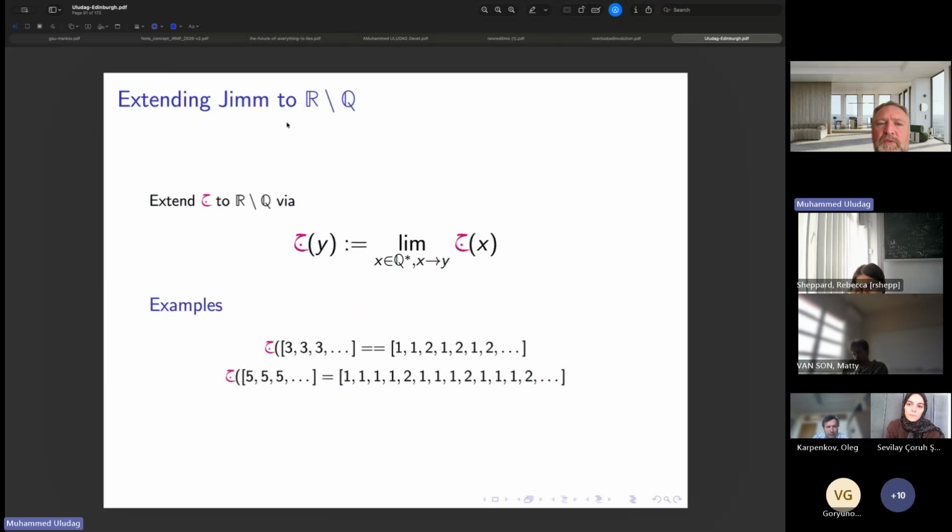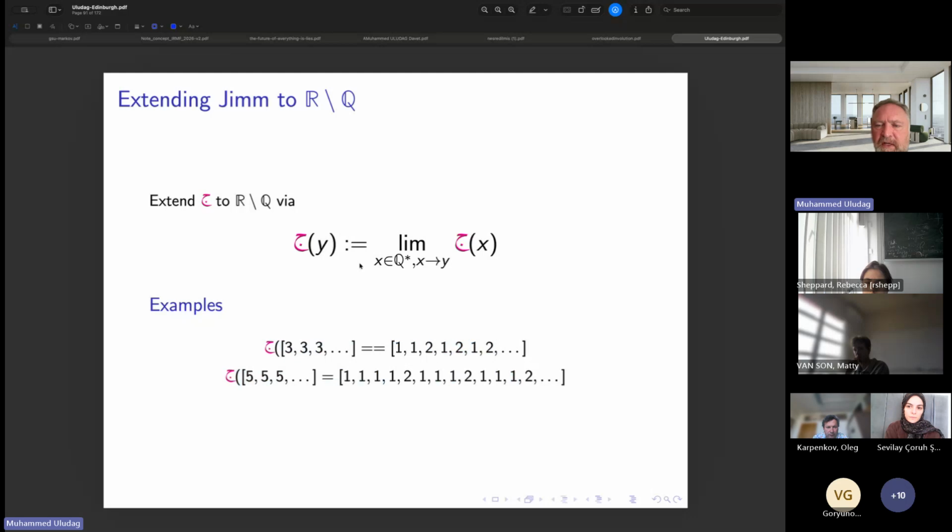So we can extend this definition, this computation of Jimm values, to, in fact, all irrational numbers using precisely the same rules. And for example, the value of Jimm at this irrational number becomes the continued fraction 1 1 2 1 2 1 2 1 2, etc. And similarly for this continued fraction.